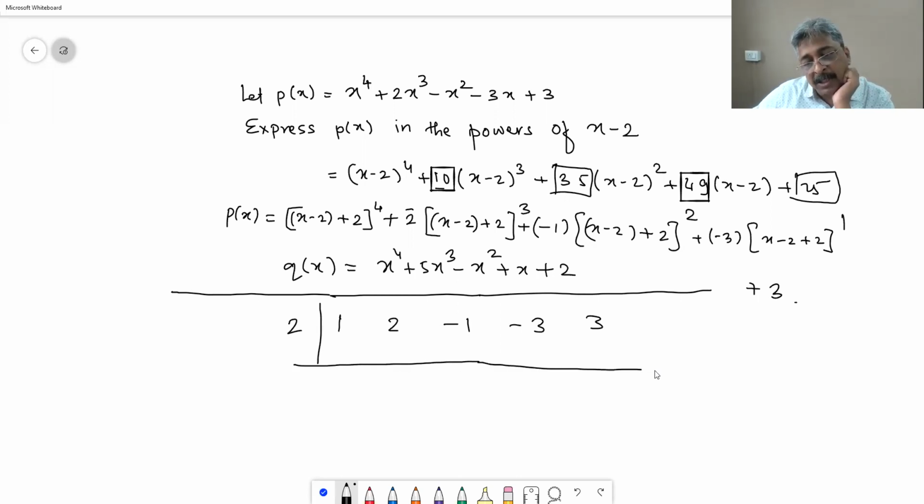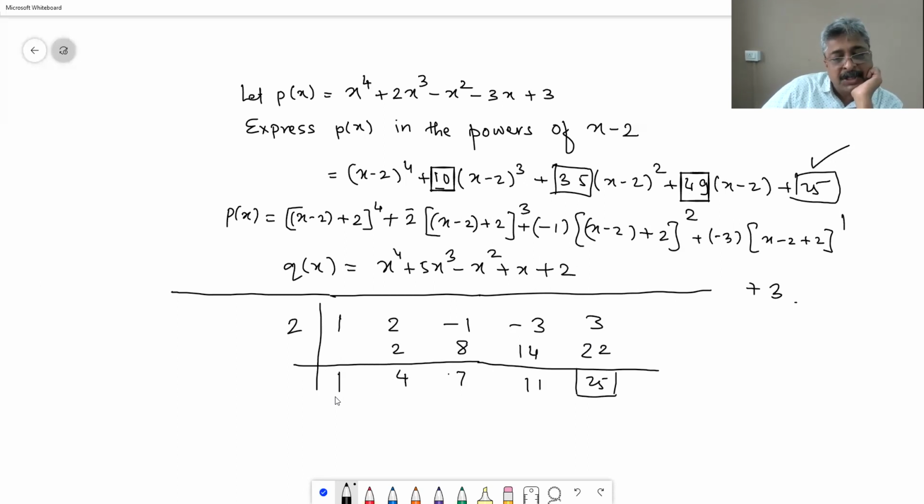That is what we did in 9th standard. 1 comes as it is. 1 into 2, that makes it 4, then 8, and so this is minus, and this is 7, so that's 11, 11 times 2 is 22, 25. This is the remainder, which is your last term. The quotient is x cube plus 4x square plus 7x plus 11.